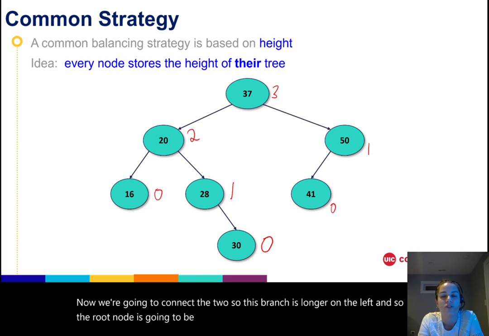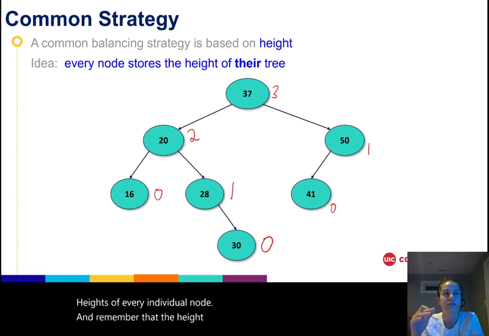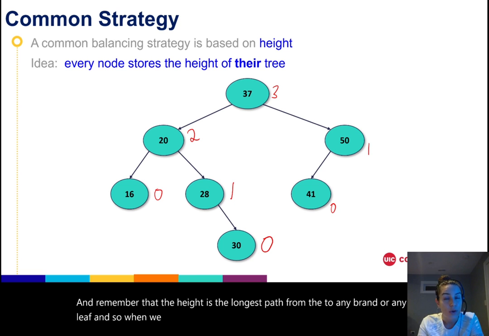So here we would just keep track of the heights of every individual node, and remember that the height is the longest path from the root to any leaf. When we talk about the height of a node, we're considering that node and looking at its subtree beneath it.